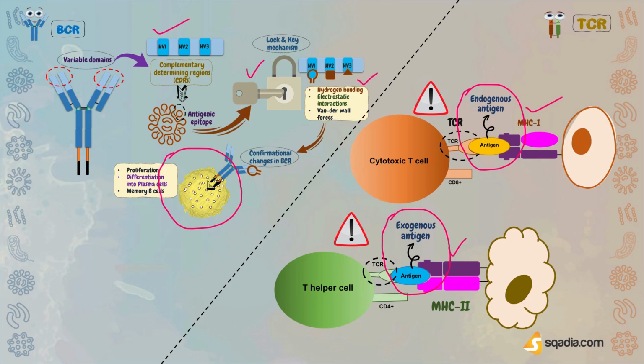And these remarkable defenders possess receptors capable of recognizing the unique combinations presented by MHC molecules. And then they take necessary actions against the presented antigen to help our immune system and to protect the delicate balance of our existence. So, this was a comparison between the functions of BCRs and TCRs.